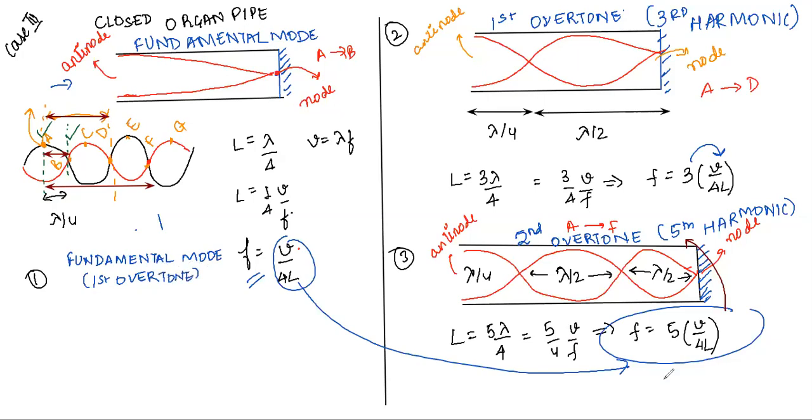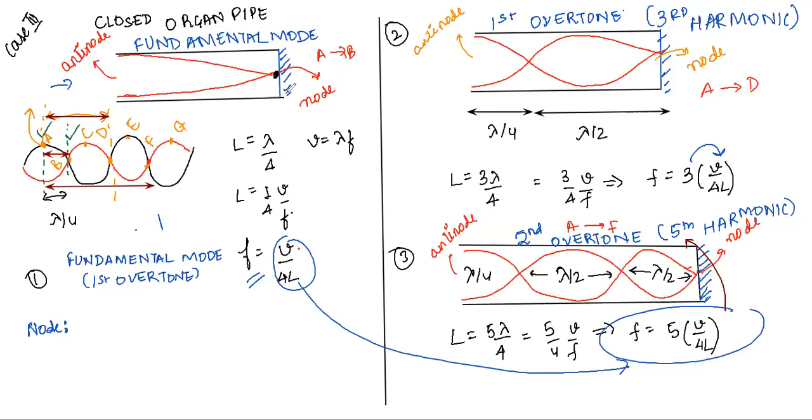Tell me, yes, Atul. So what about the location of nodes in this case? Location of nodes. Yes, tell me. So x equals 0. First node is at x equals 0 here. Tell me, the first node it has is at x equals lambda by 2.